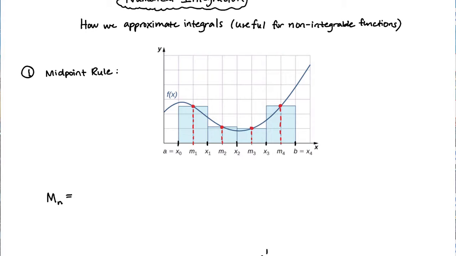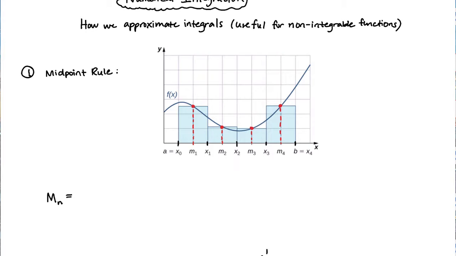You take your interval that you're integrating from A to B, and you partition the interval into a certain number of subintervals, and each of those subintervals has the same length as each other. In this case, we have 4 subintervals, 1, 2, 3, 4, and our delta x, the width of each of these rectangles, is the same on every single interval.